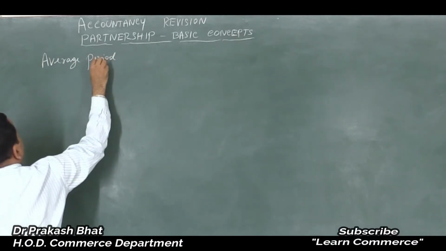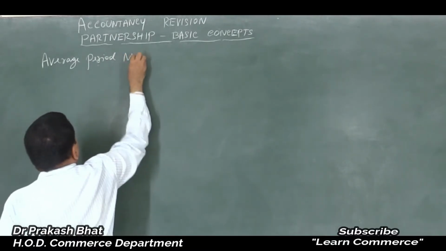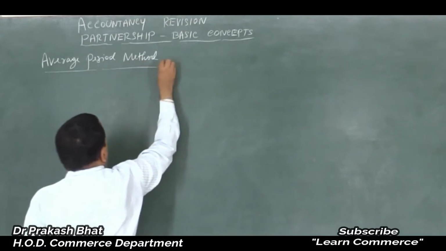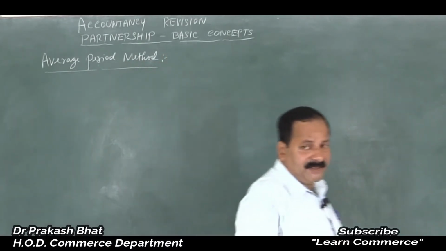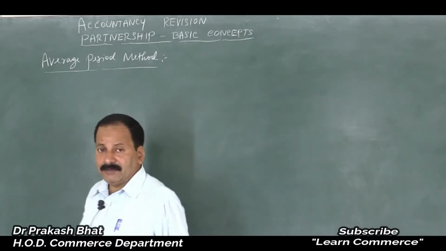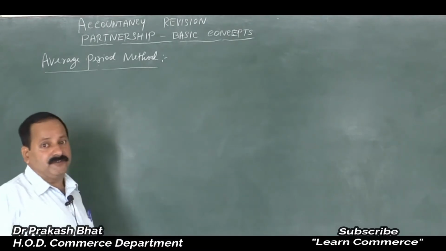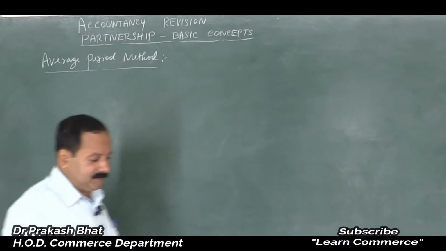Here we have to apply the formula, and there are some conditions whether we can use that formula or not, because for all the withdrawals we will not be in a position to follow average period method, because there should be some conditions fulfilled.